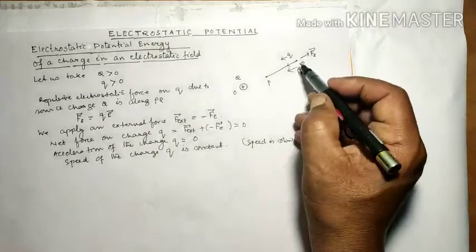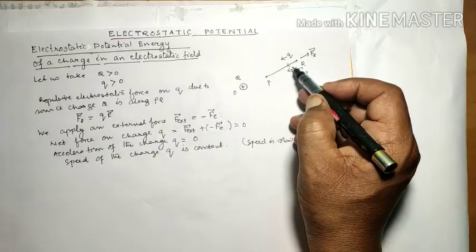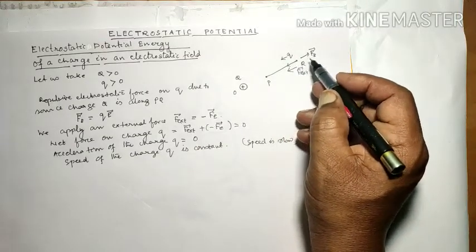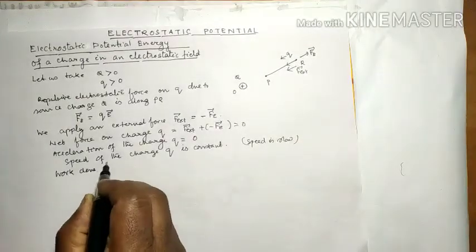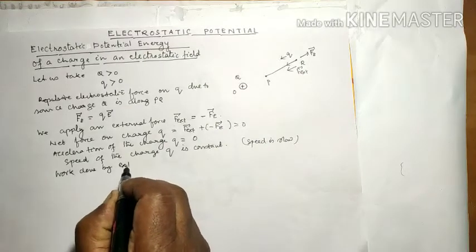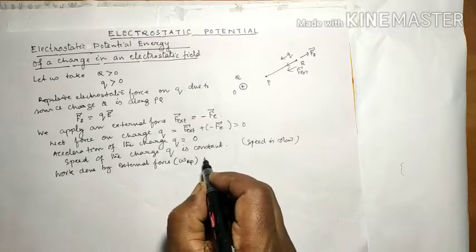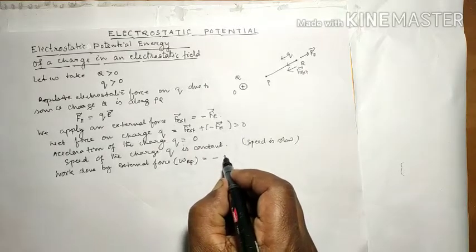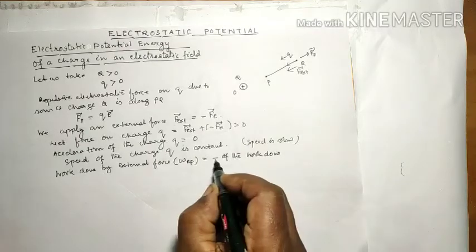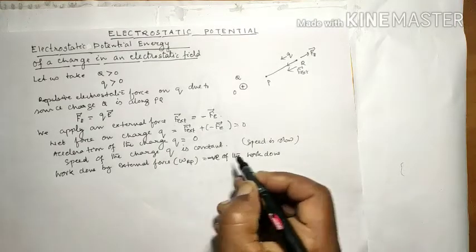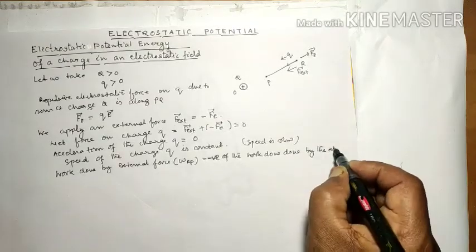Now work done by the external force from R to P is equal and opposite to the work done by the electric force. Work done by external force, this is WRP, which is negative of the work done by the electric force.